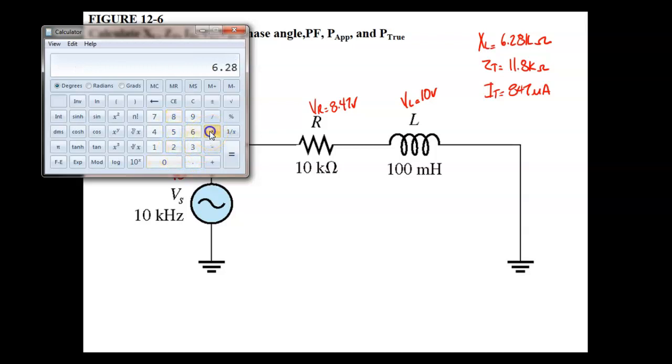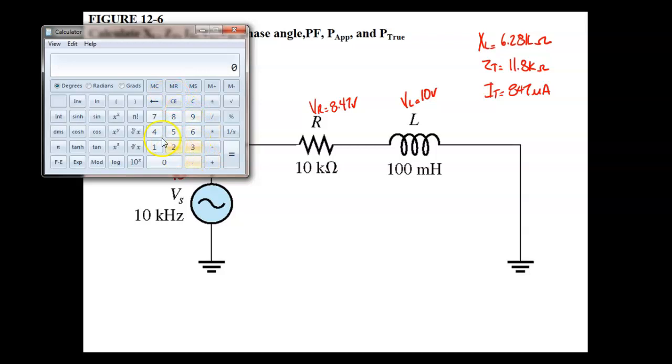6.28 times 1,000. Oh, sorry. No, I was putting resistance, I was putting opposition instead of current.